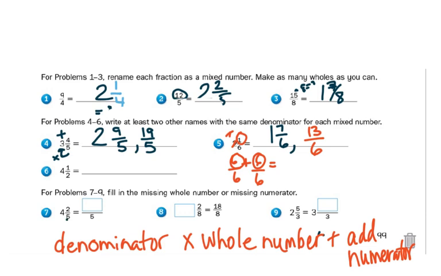So 5 times 4 is 20 plus 2 is 22. Another way to think of that is to change 4 into fifths. So that would equal 1 whole, 2 wholes, 3 wholes, 4. Then add those all up. 5, 10, 15, 20, 22.